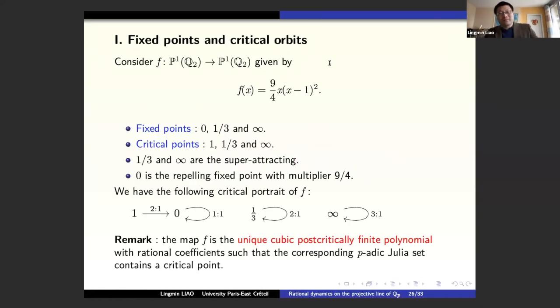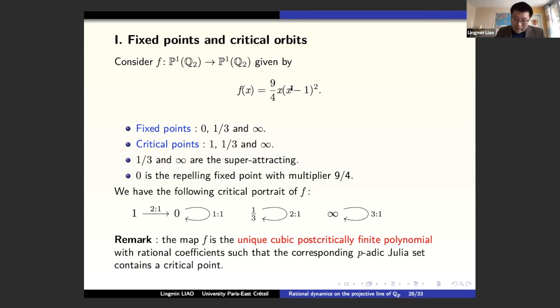So first thing, as everybody studies, we should look at the fixed points and the critical points. So fixed points, you will find 0 goes to 0. One you can calculate. And infinity, evidently, infinity is also a fixed point.